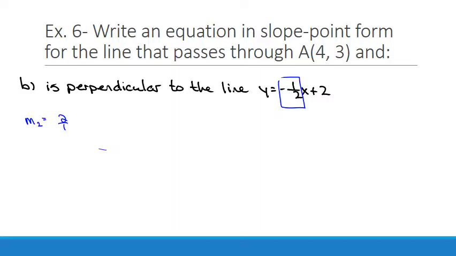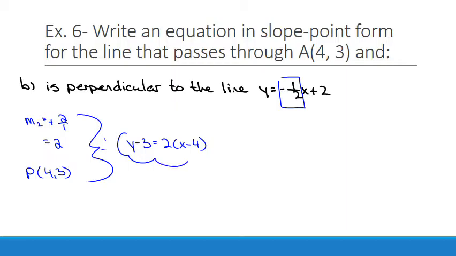Seeing that one's negative, this is going to be positive 2. And then the point we already know is (4, 3). So again, I have everything I need to express this. y minus 3 equals 2 bracket x minus 4. And that'll be the equation of a line that is perpendicular to that given line.